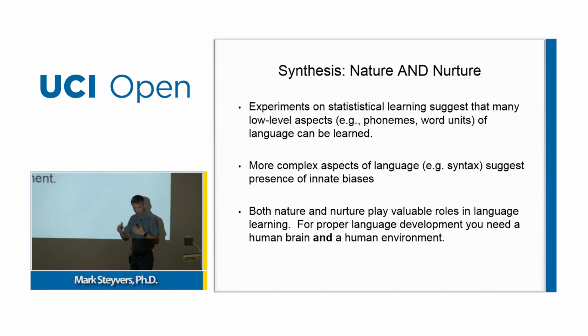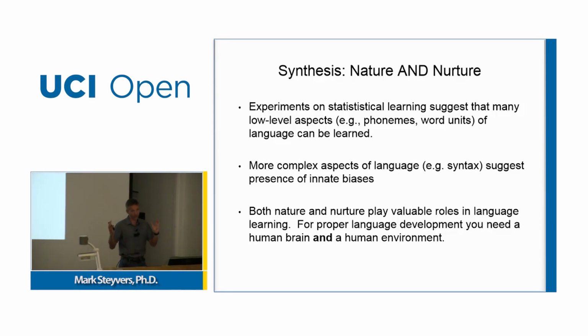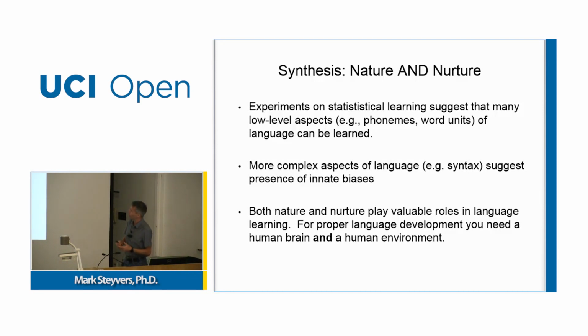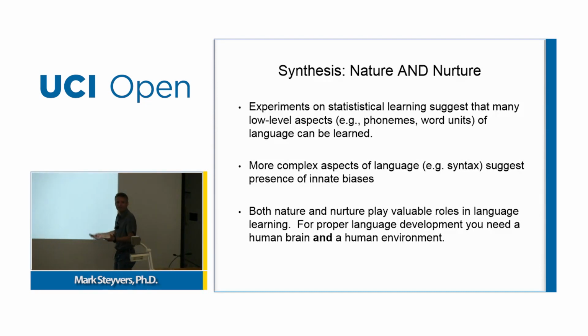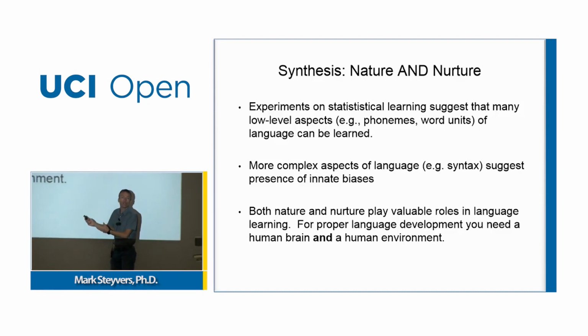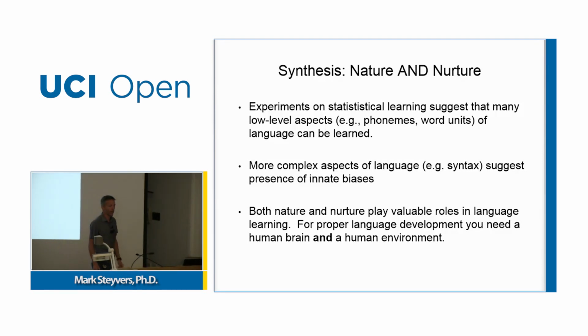Some researchers that are nativists would claim there has to be some biology involved, and other people would say, no, even syntax can be explained through statistical learning mechanisms. But in the end, for proper language development, you clearly need a brain and you need a human environment, and those will have to come together to acquire a language.